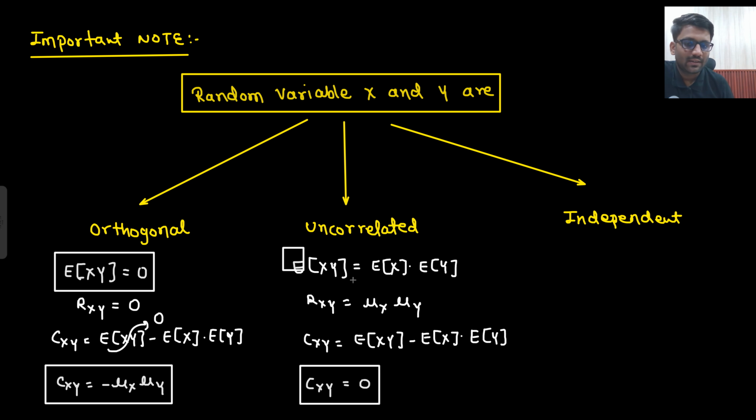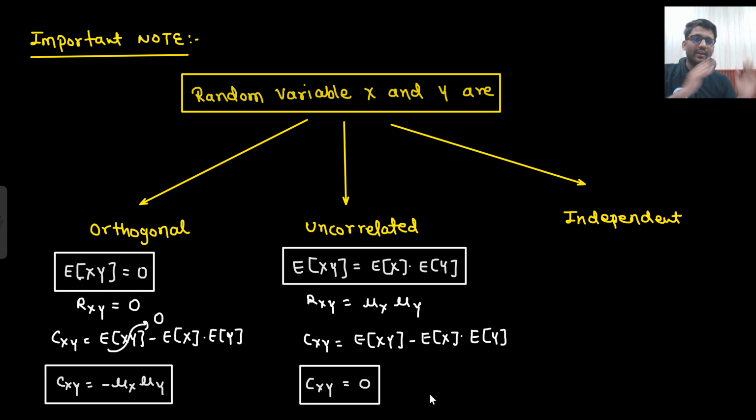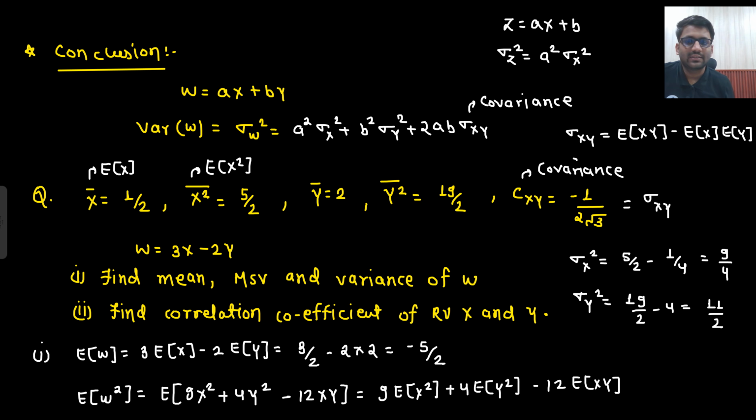What they are saying, that they are uncorrelated, but still your covariance is equals to 0. Your sigma xy is equals to 0. Your correlation is not equals to 0. It feels like, sir, correlated. Correlated means correlation, but no, it has nothing to do with the correlation. It has something to do with the covariance. That's why I said that covariance is the boss.